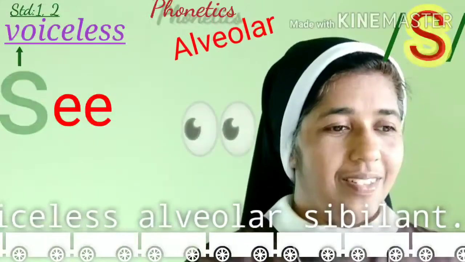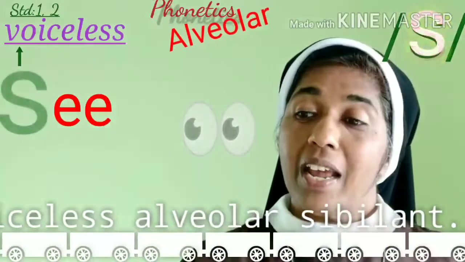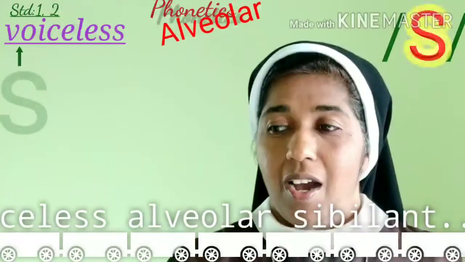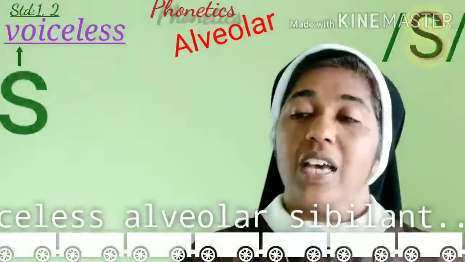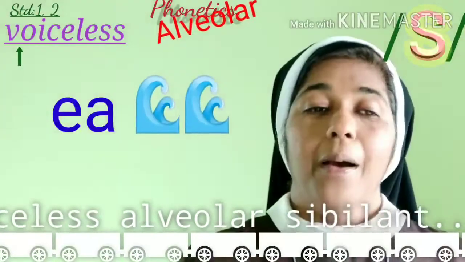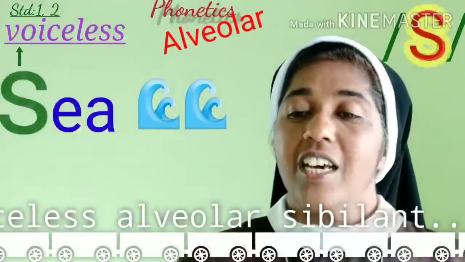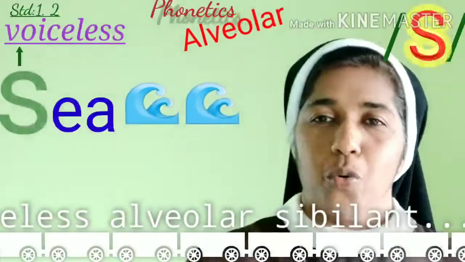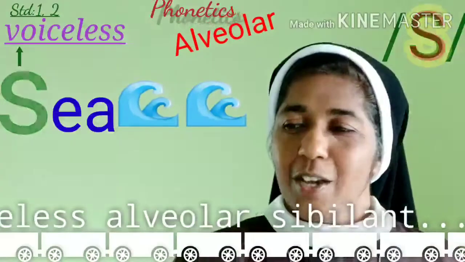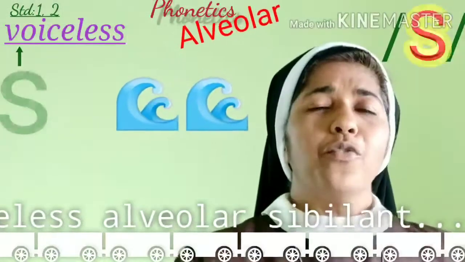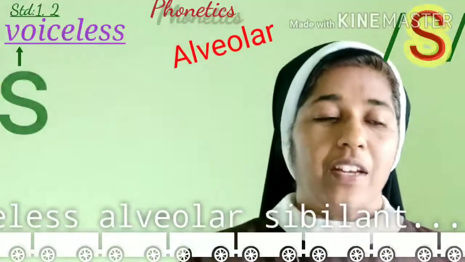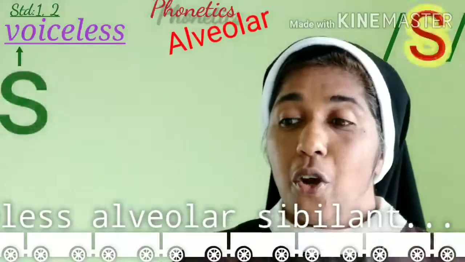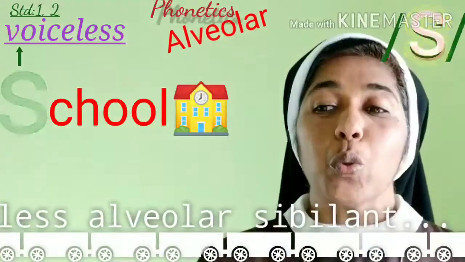Next one, I see you through my eyes. Of course. That is with what spelling? S, double E. Seashore, that is EA. Still S as the first letter here, and it sounds voiceless. I see you. And how many of you can't wait to come to see your school? School.